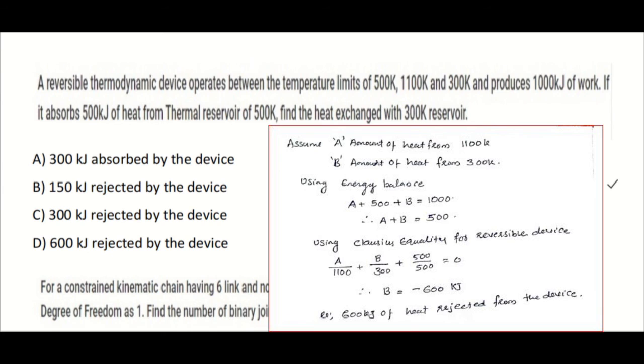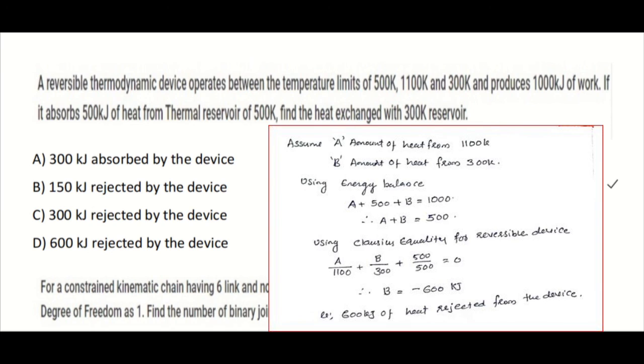Using the energy balance equation, heat transfer will be equal to work transfer. The heat transfer from the sources, A plus B plus 500, will be equal to 1000, so A plus B will be equal to 500. And apply Clausius's inequality for the reversible cycle.